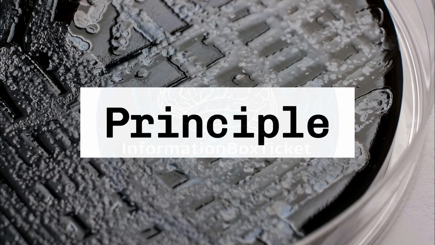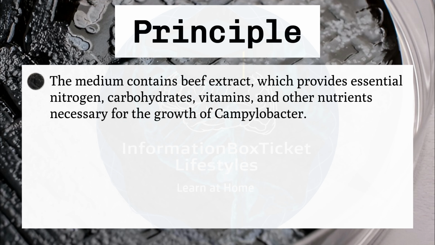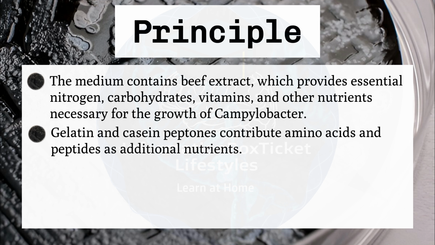Principle of charcoal selective medium. The medium contains beef extract, which provides essential nitrogen, carbohydrates, vitamins, and other nutrients necessary for the growth of Campylobacter. Gelatin and casein peptones contribute amino acids and peptides as additional nutrients.